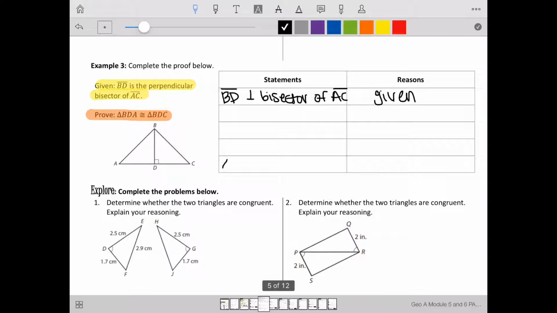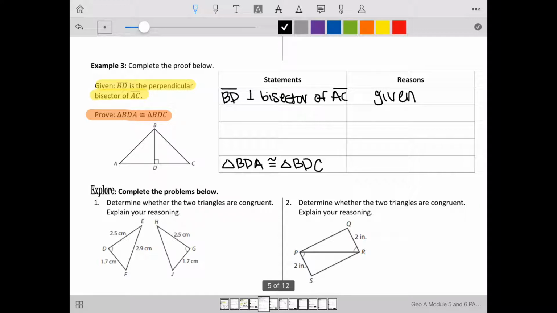That always goes in the bottom of our proof. So we need to use this fact that BD is a perpendicular bisector to prove that the two triangles are congruent.